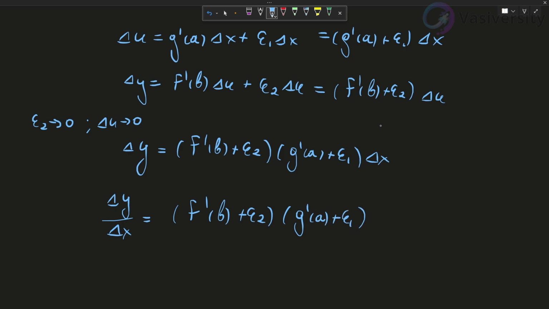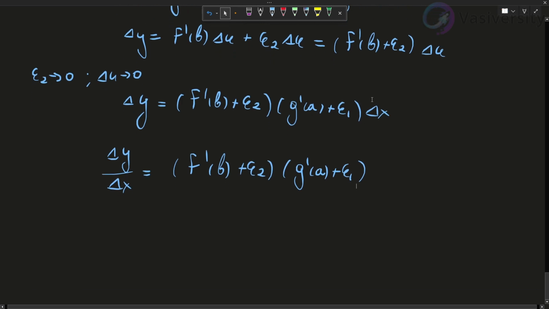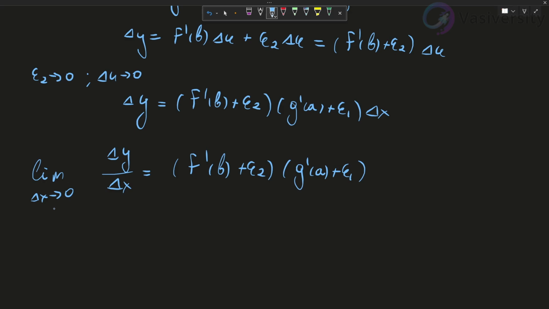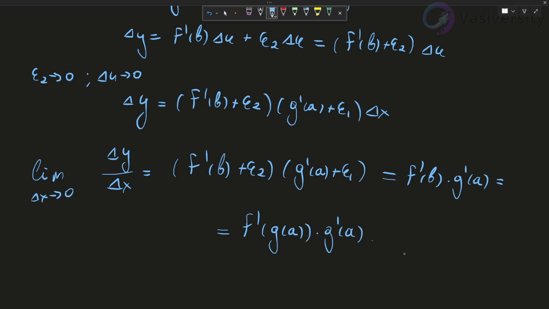Then we take the limit as delta x approaches 0. Everything else approaches 0, and so this gives us f prime of b times g prime of a, which is f prime of g of a times g prime of a, and we will be done.